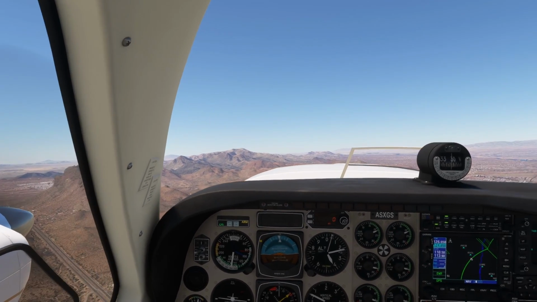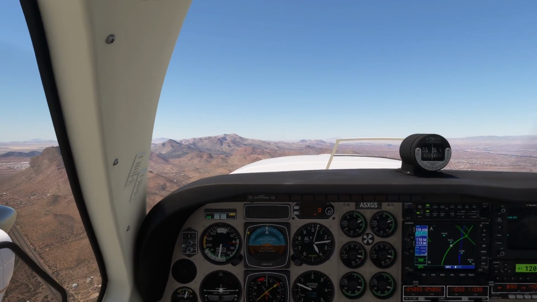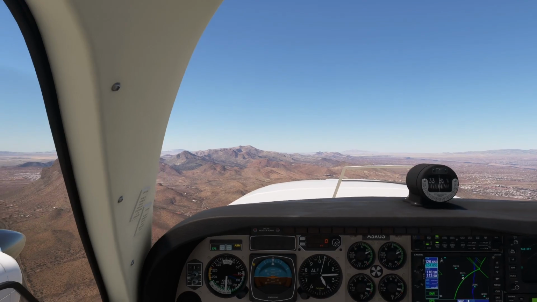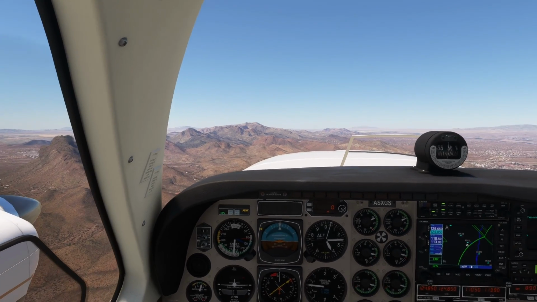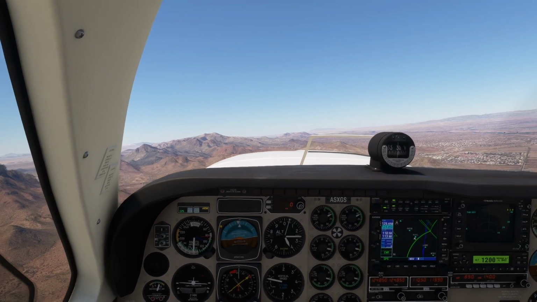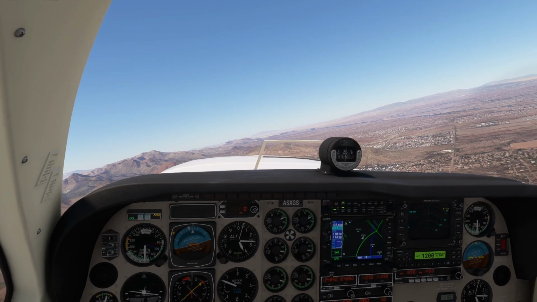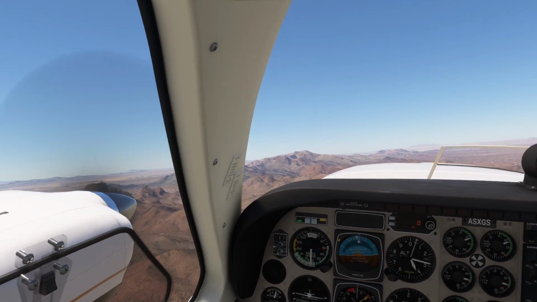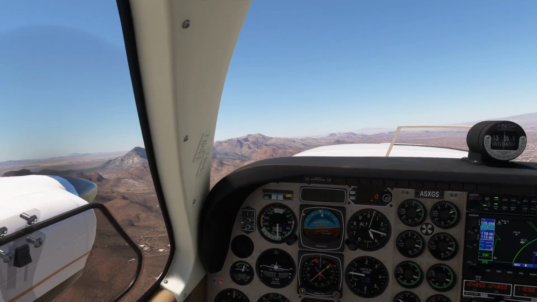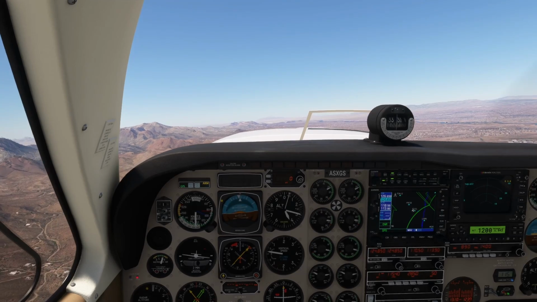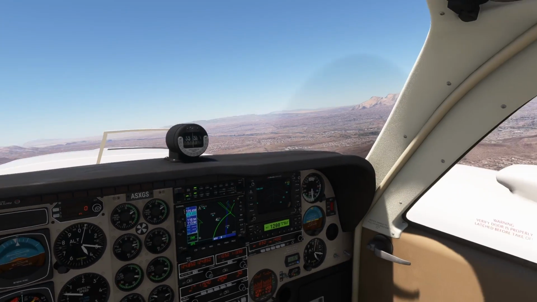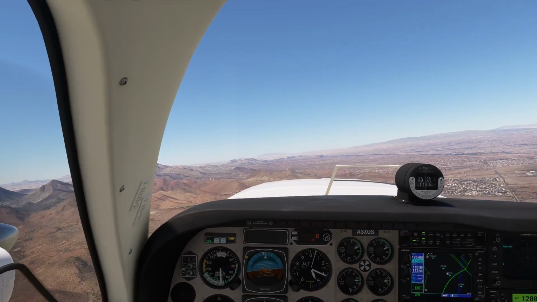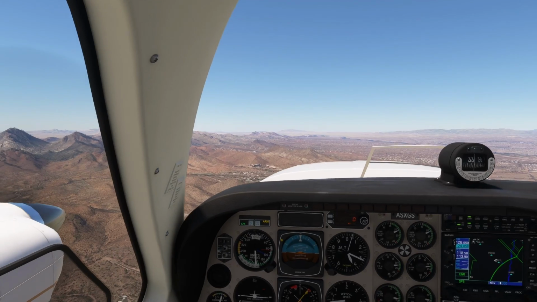So by default, ActiveSky, quote unquote, reduced the turbulence level. Even though I, for example, was expecting to see a big change in the way turbulence was handled and the way the aircraft was being bounced around, we weren't going to see that because of the default settings.